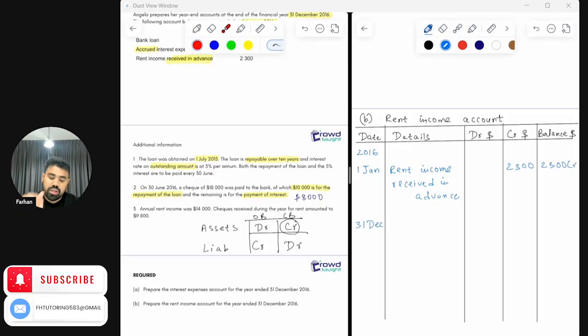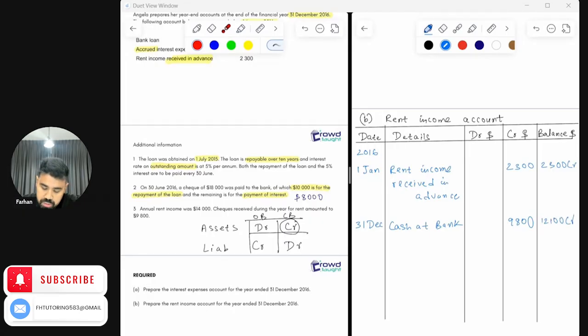So we are preparing the ledger account for rent income, which means the 9,800 has to be recorded on the credit side, and the cross-reference for the relevant account is the cash at bank. So we have two credits since 1 Jan. 2,300 plus 9,800 gives us a final balance of 12,100 credit.